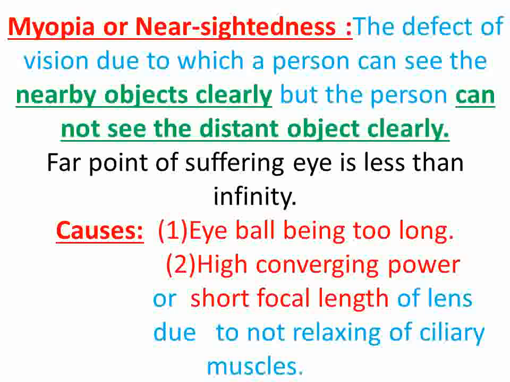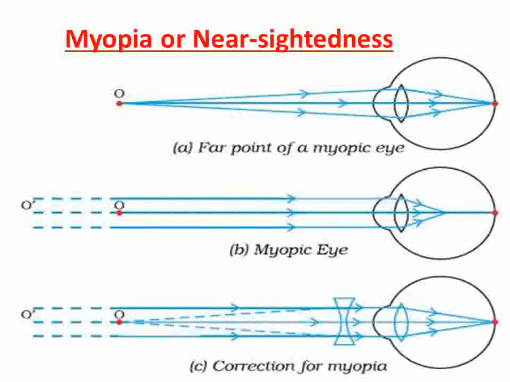Causes: number one, the eyeball becomes long, so radius and diameter increase; and number two, high converging power of the lens. If power increases, focal length decreases, because focal length is the reciprocal of the power of the lens.